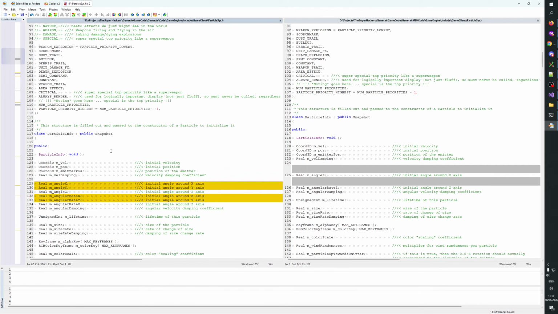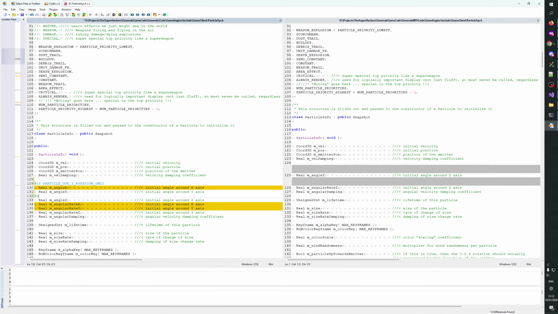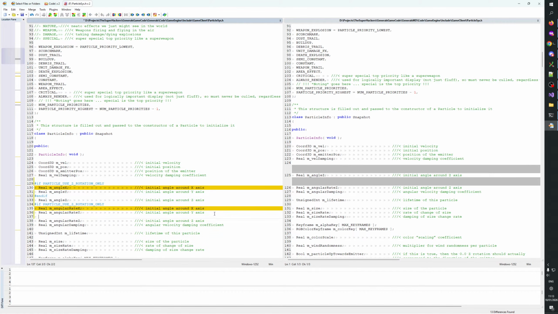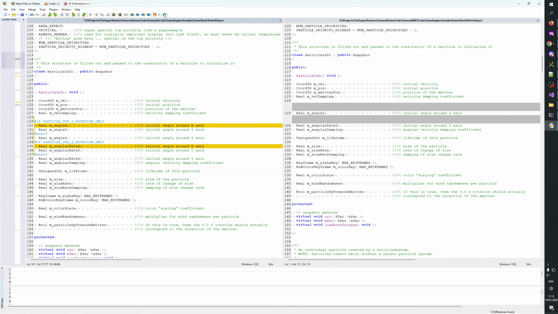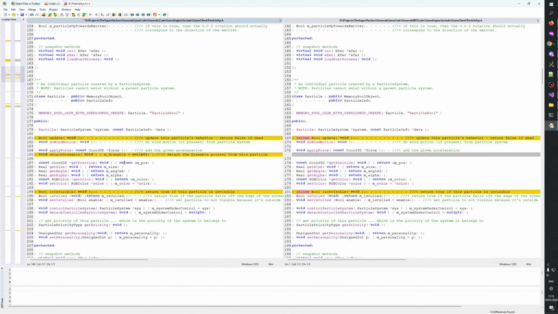Okay, so we take that, and then here we do if that, and if, and if. Okay. Update. Inline update. Why is that set to inline?